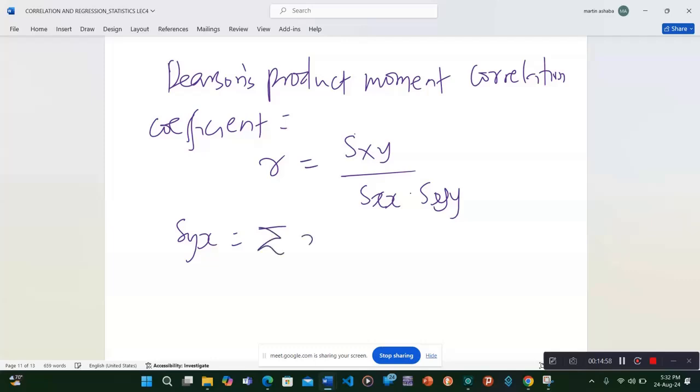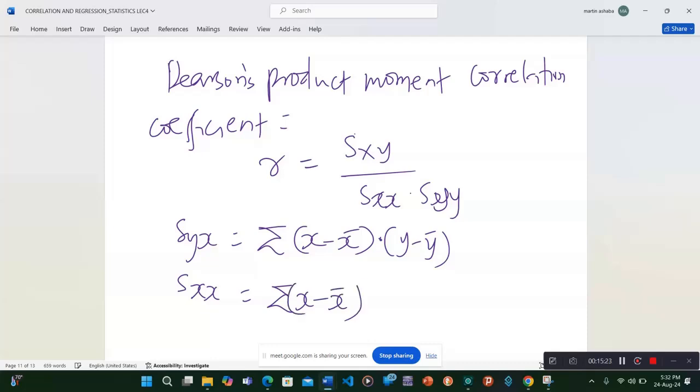sum of X minus X bar times Y minus Y bar. Then you also find that SXX is equal to sum of X minus X bar squared.